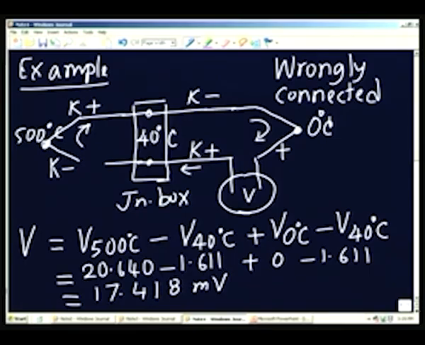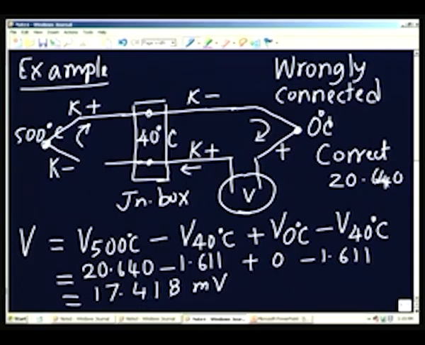Just remember that what was intended is that K plus should have been connected to K plus here, and K minus to K minus here, then everything would have been all right. If it were the case, these two would cancel each other and I would get V 500. So, what should I have got? The correct value is 20.64, corresponding to 500 degrees.